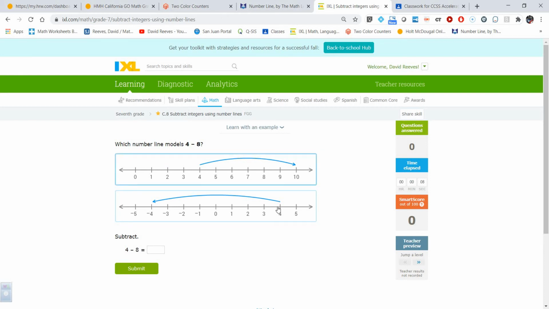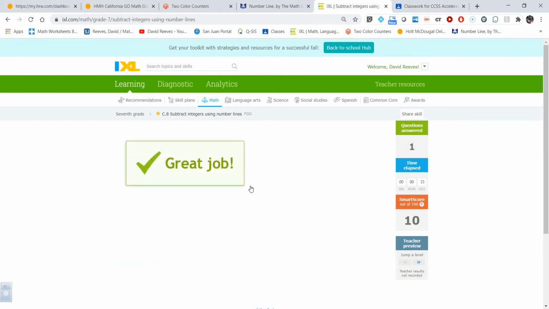Now both number lines start at 4, but subtracting 8 is going to make it get smaller. That's going to move left, right? This would be 4 plus 6. This one is 4 minus 8. So we choose that one, but then we also have to say what the answer is. And the answer is where you end up on the number line, so it is -4.